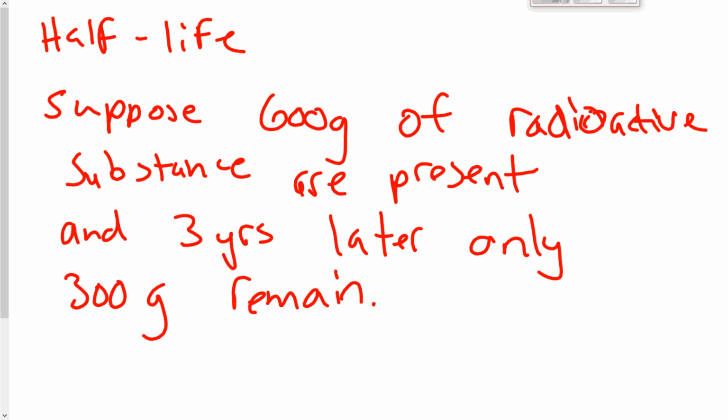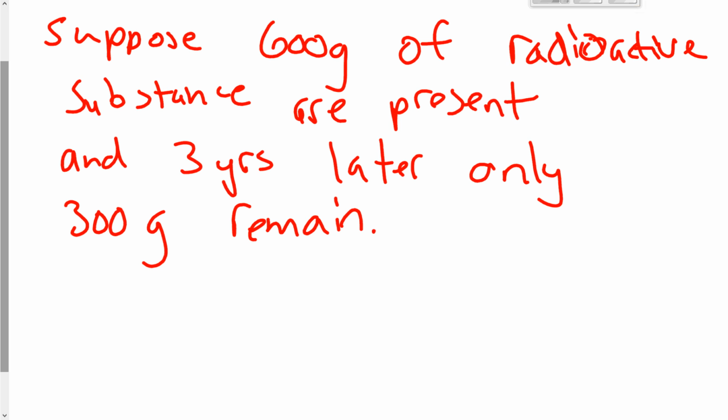Suppose we have 600 grams of radioactive substance, that's our initial amount, and in 3 years we have 300 grams remaining. We want to write the exponential equation that models this.